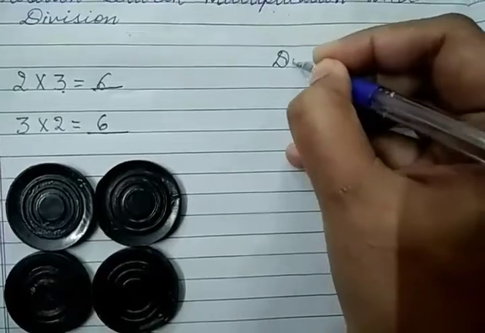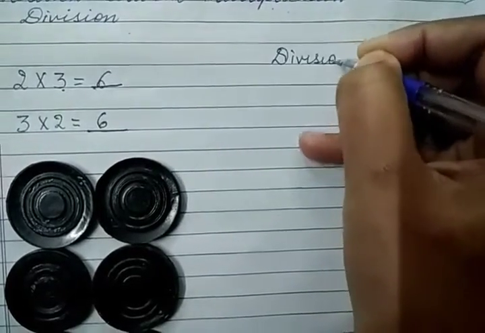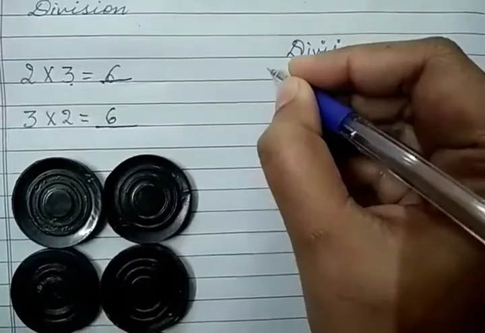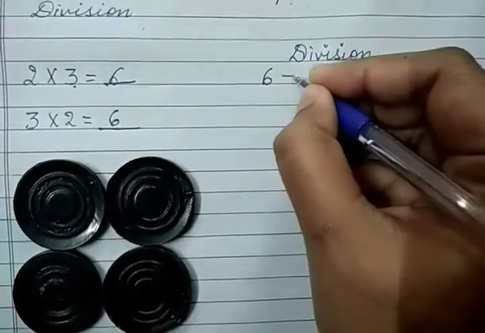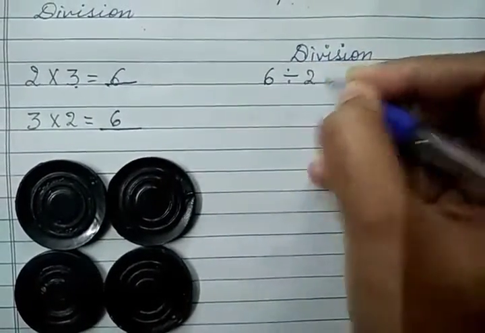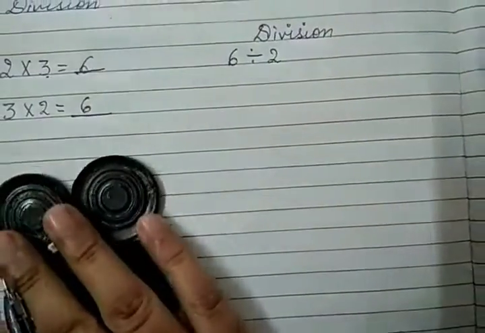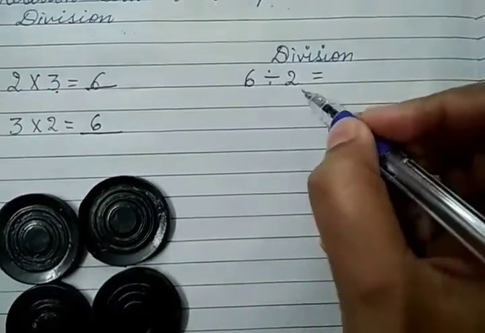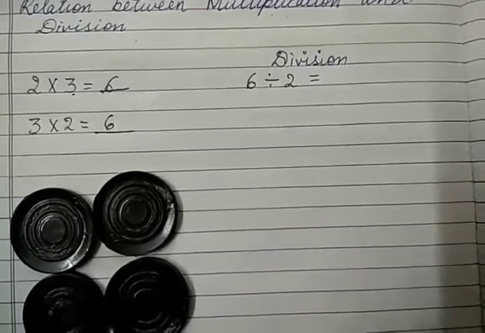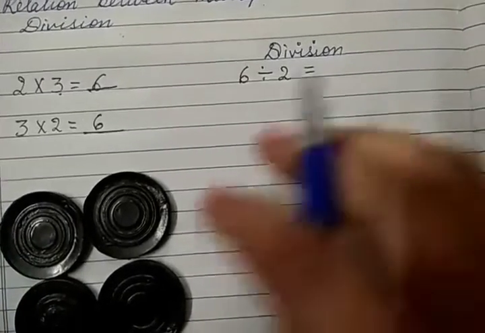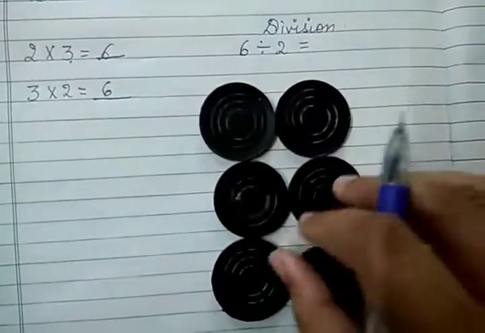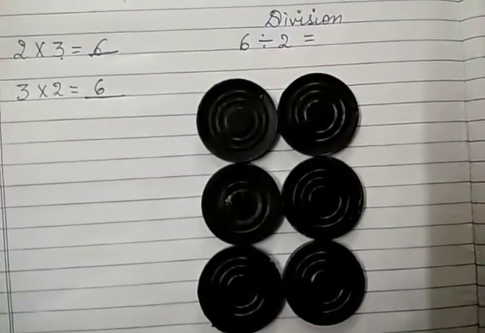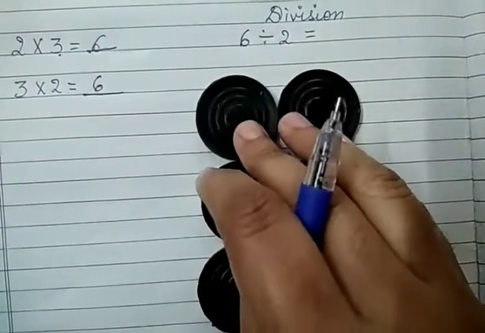So this is our multiplication. Now in the division, the total is already given to us. Suppose we have to divide 6 by 2. These are 6 coins, and we have to divide them by 2, means we have to make a group of 2.